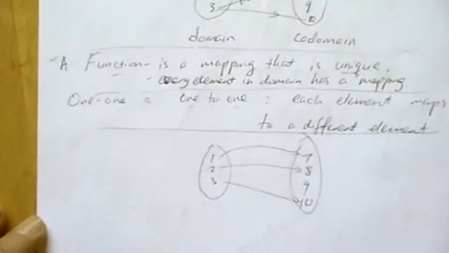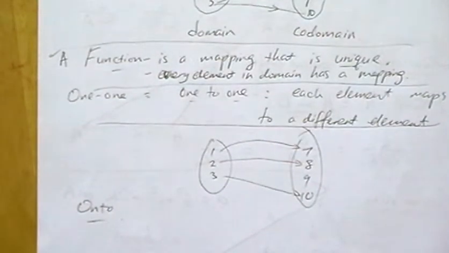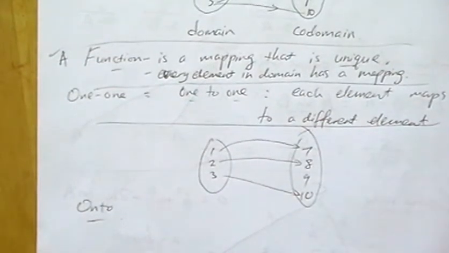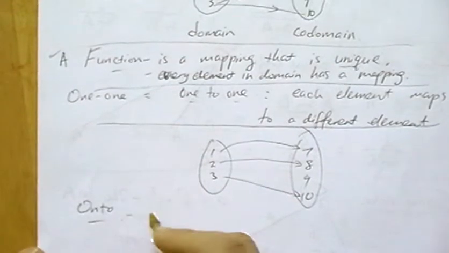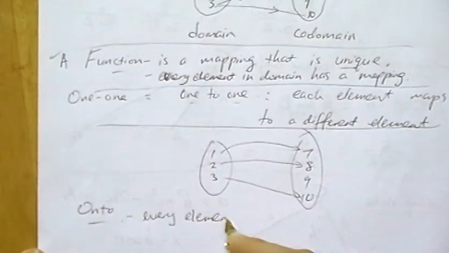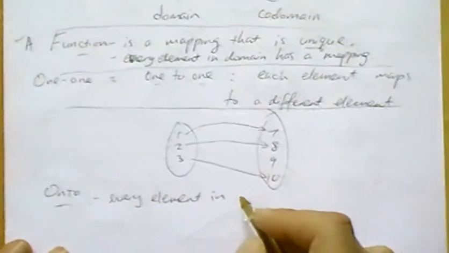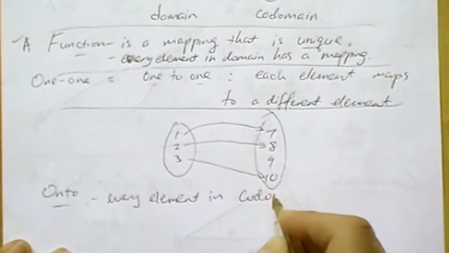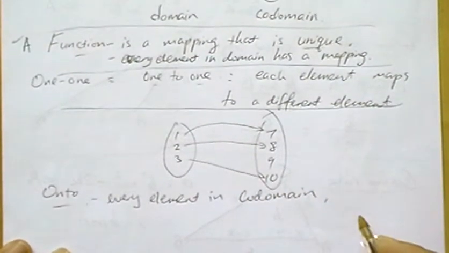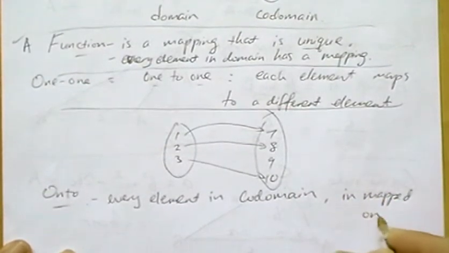Let's look at the idea of onto. What does onto mean? Now, onto means that every element in the codomain is mapped onto.